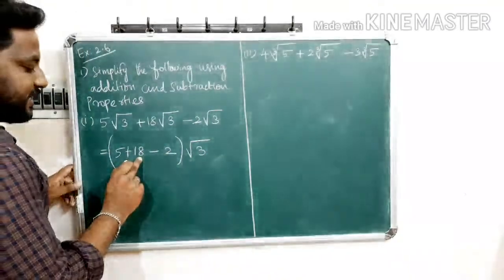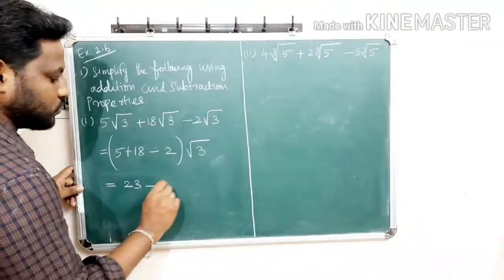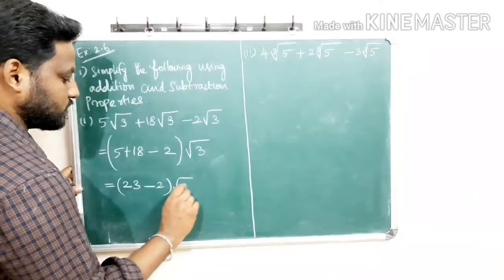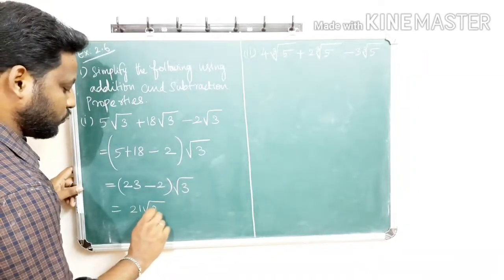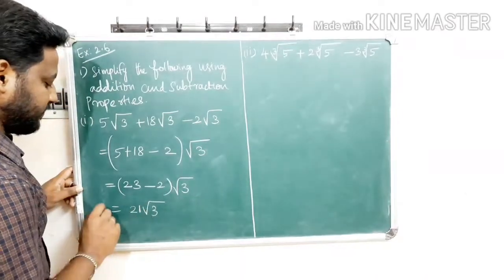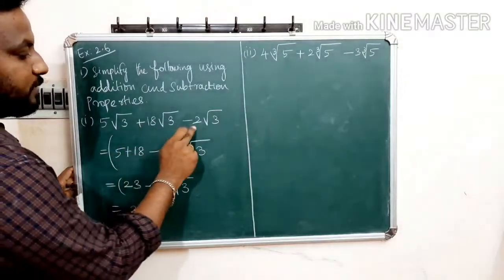So 5 plus 18 is equal to 23, minus 2, into root 3. So 23 minus 2 is equal to 21 root 3. So this is the value of the given expression 5 root 3 plus 18 root 3 minus 2 root 3.